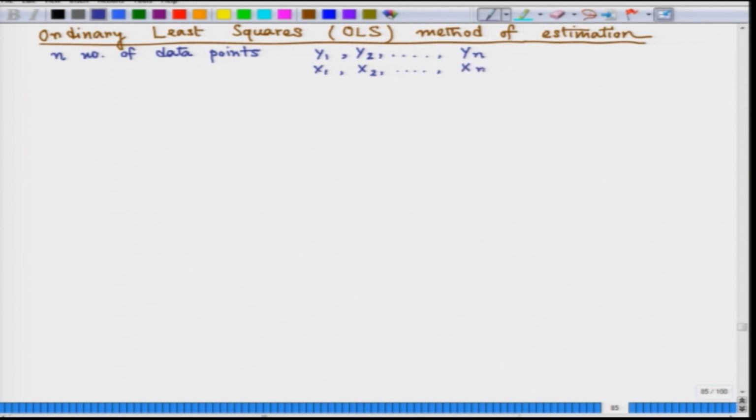So, we are observing the data as a pair. This is the way you can think of the data set: observation number 1, number 2, dot dot, number n, and here the data is x1, y1, a pair of variable values, x2, y2, and finally xn and yn.